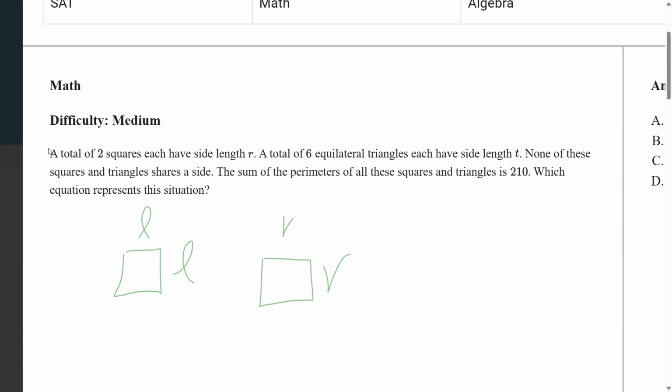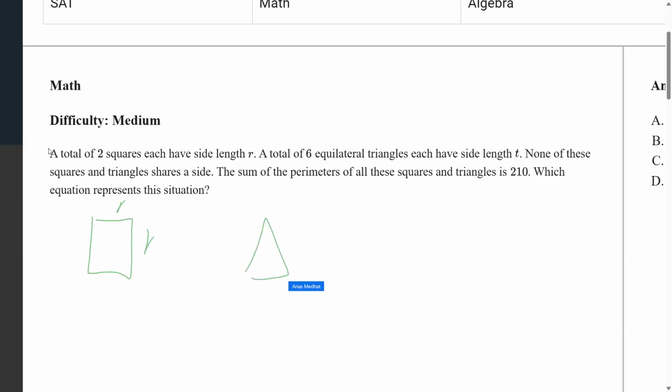One of these triangles, this is r on r, this is t, t, t. And we have 6 triangles and 2 squares.